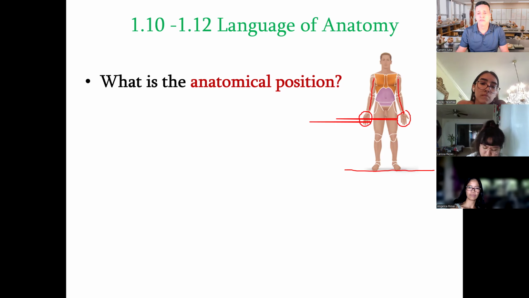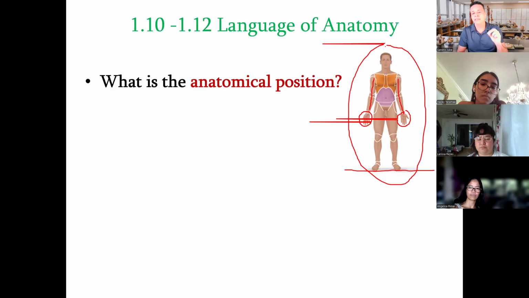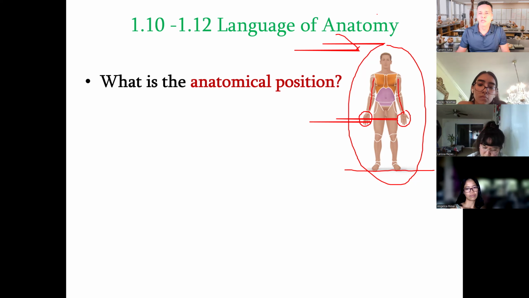If I look at this individual here from the front, like what we have right now, guys, this is what we call the anterior view or the anterior aspect. If I'm looking at this body from the back, this is what we call the posterior view or the posterior aspect. If I'm looking from the top, this is what we call the superior view or the superior aspect.